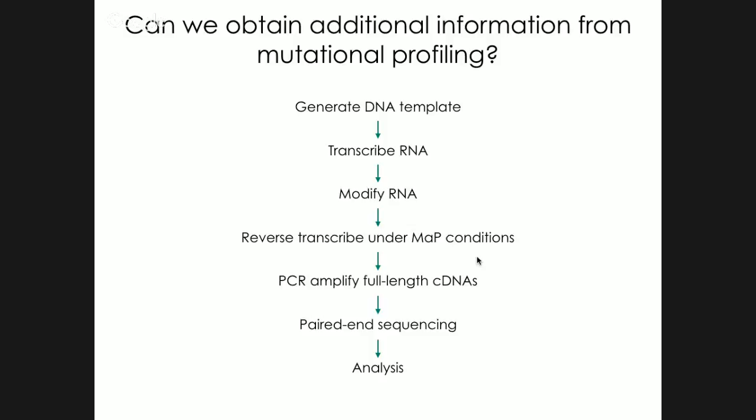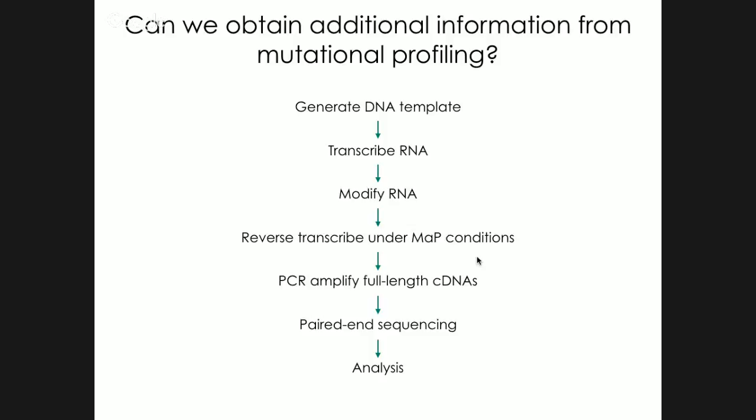The overall workflow is what I'm showing here: first you generate a DNA template, you transcribe the RNA, then perform the chemical modification, reverse transcribe it under mutational profiling conditions, and then either sequence the full-length cDNAs, or perform a PCR amplification to amplify the full-length cDNAs and then sequence that, which I'll explain in a later slide, and then perform paired-end sequencing, and then do analysis.